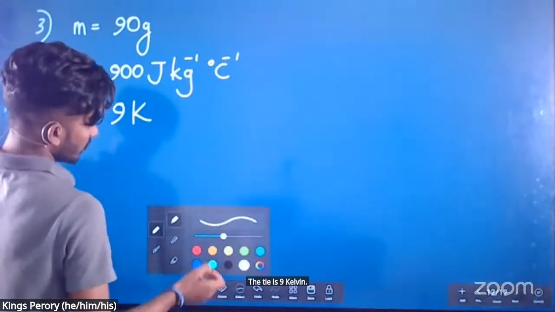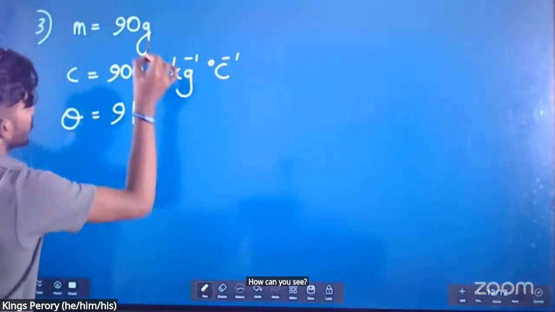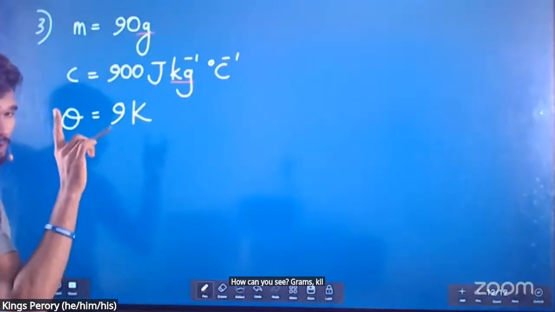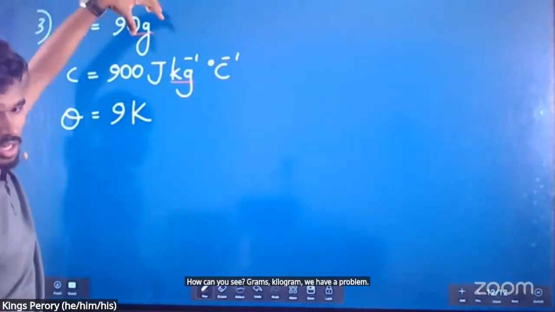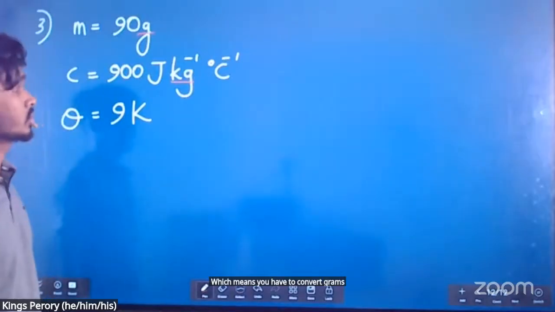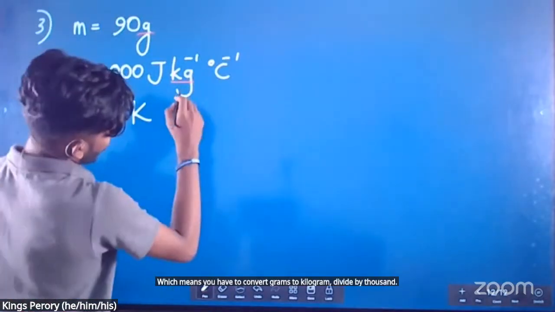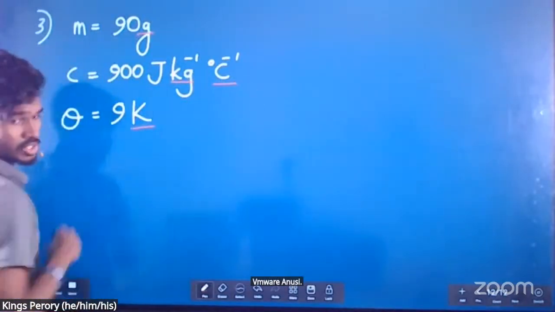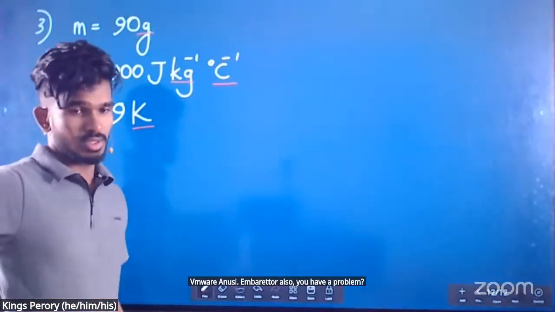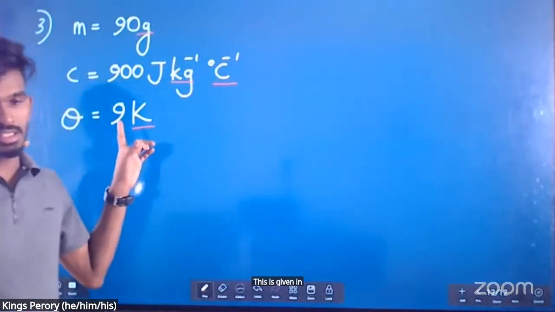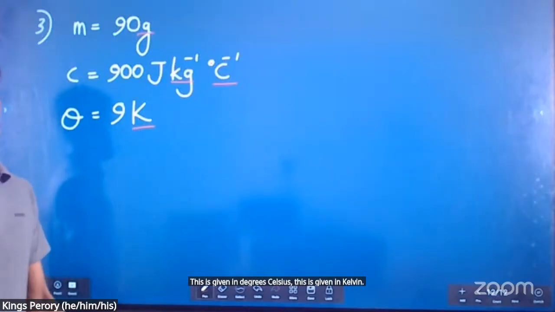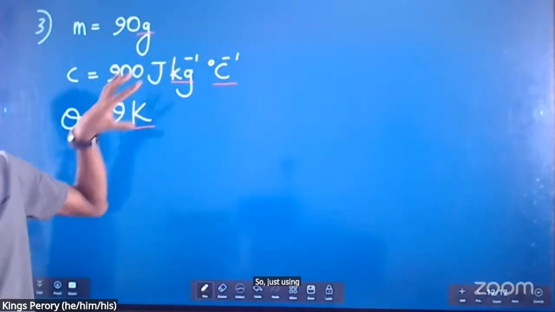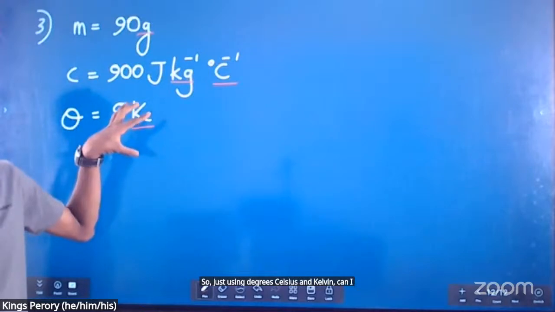Now can you see, grams, kilogram, we have a problem. Which means you have to convert grams to kilogram, divide by 1000. Same way, can you see temperature also you have a problem? This is given in degree Celsius, this is given in Kelvin. So just using degree Celsius and Kelvin, can I do the question?